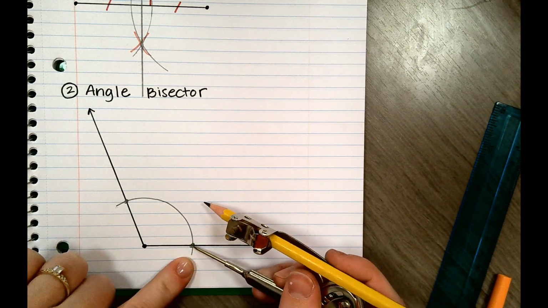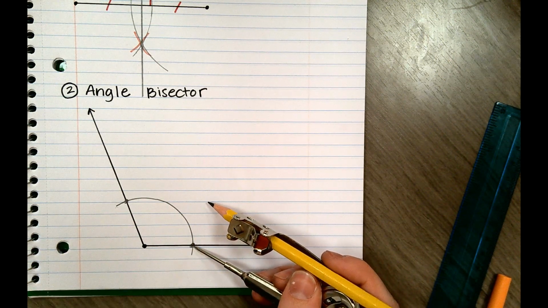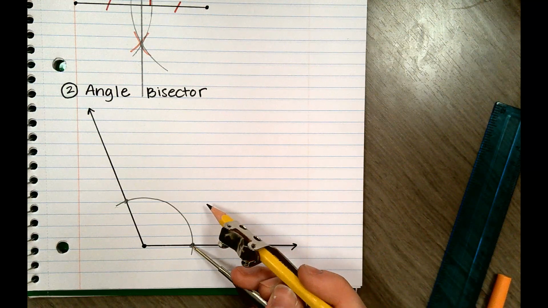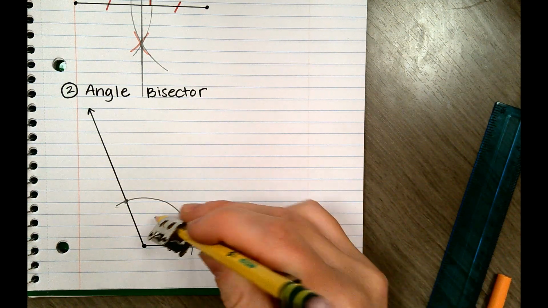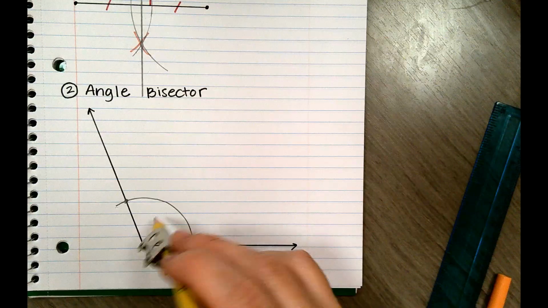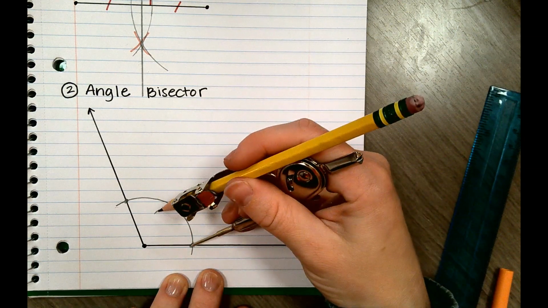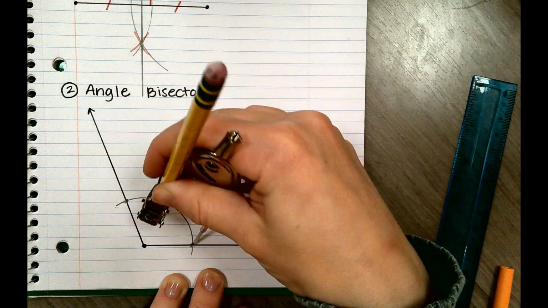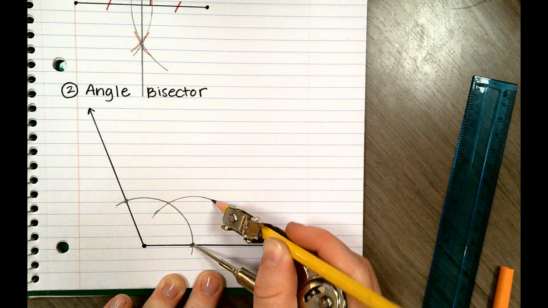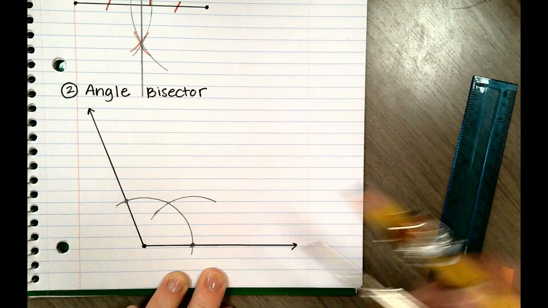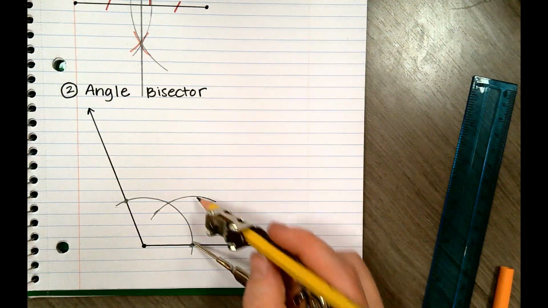So I'm going to put the point of my compass on my first intersection right here. And we're going to make an arc inside of the angle again. Oh goodness, it's tricky. So there's an arc. And I put my point here to make that.